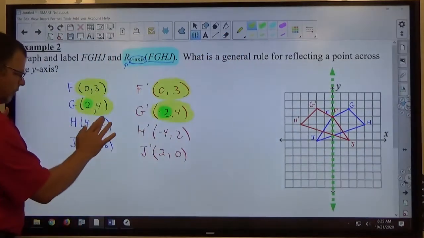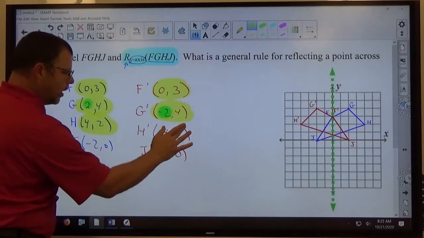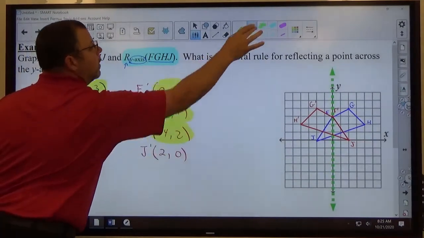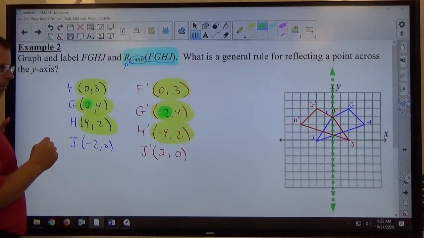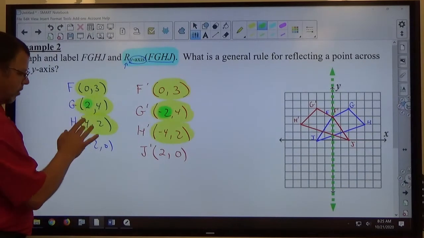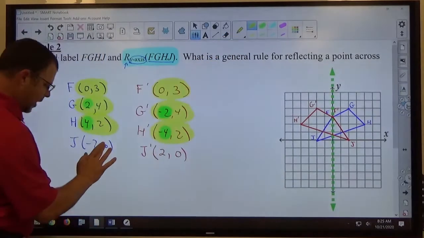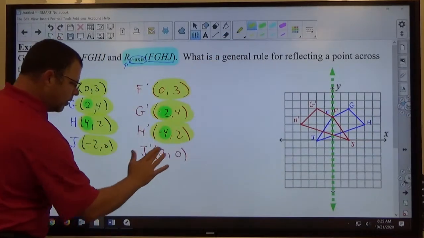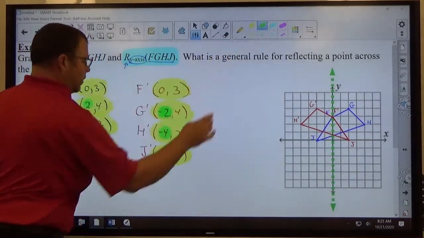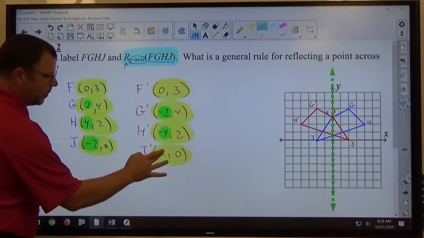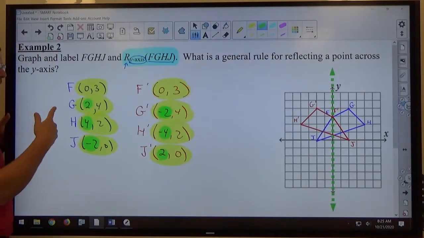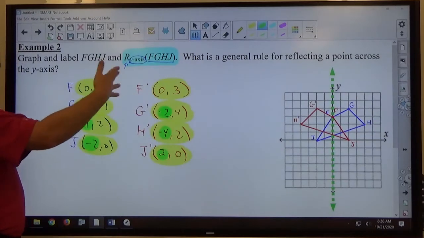All right, if we start at 4, 2, and it becomes negative 4, 2, what changed? X changed again. 4 became negative 4, but y stayed the same. Negative 2, 0 became positive 2, 0. X changed, y stayed the same. And just like before, 0 and negative 0 mean the same thing, right?